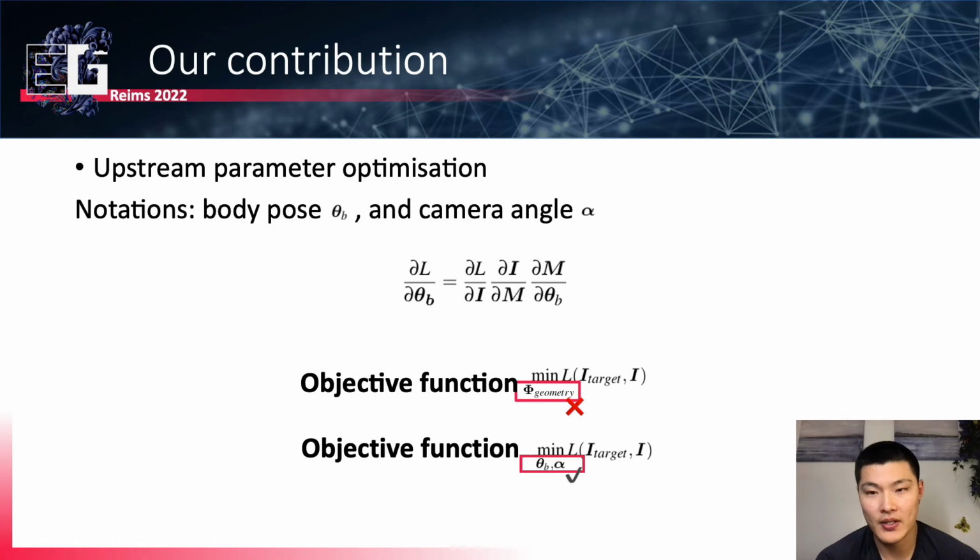Doing so optimizes the phi geometry parameter through its upstream parameter theta body rather than directly, and gives us the opportunity to utilize the constraints already built into the parameterized body model of SMPLify-X, thus alleviating the under-constrained limitation of inverse rendering. Furthermore, optimizing against the target image directly is how we also bypass the limitations of SMPLify-X, namely the reliance on 2D pose estimation and its blindness to features besides the pose.